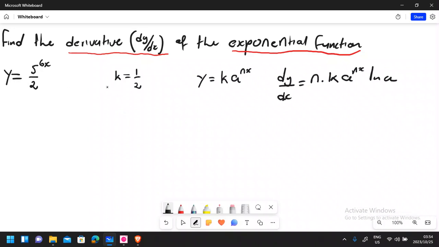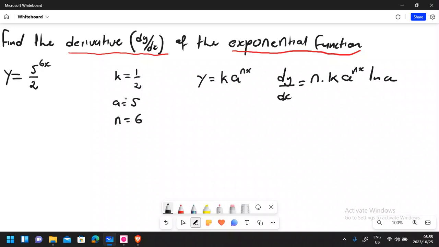Remember, this over 2 basically means 1.5. Given that a is 5, and then n is gonna be 6. So if you are able to see this, then you can use this formula here.